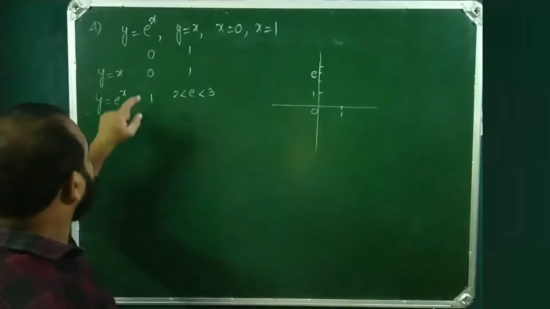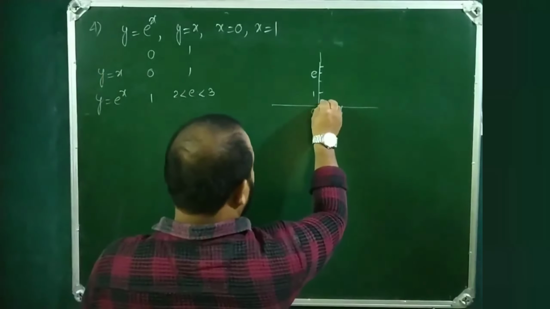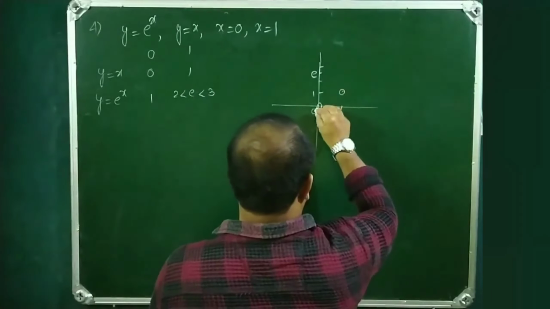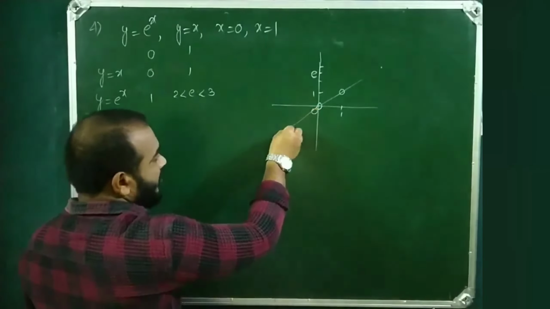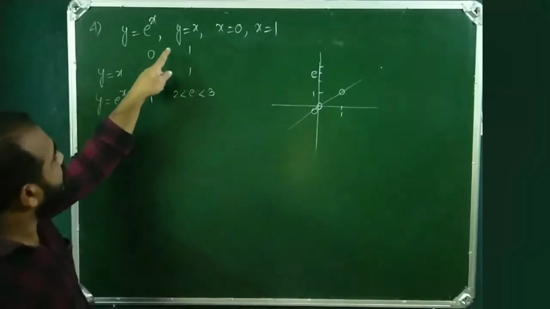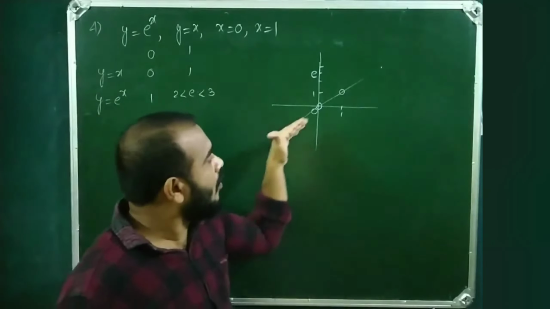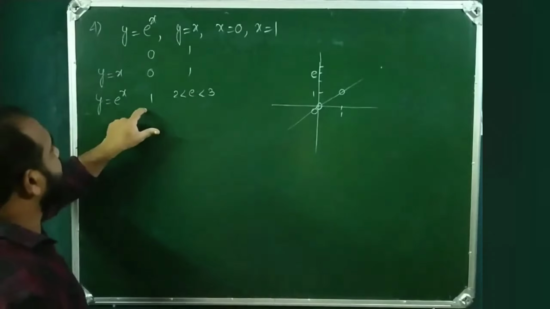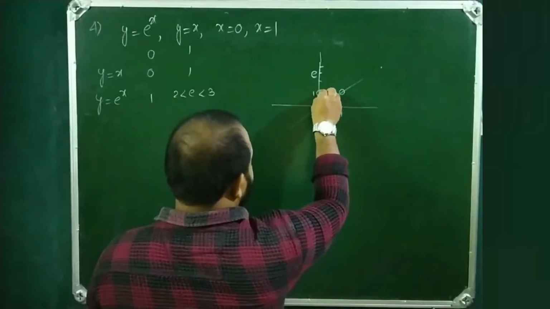Now, this is 0, 0. Y equals to x is 0, 0. Next, 1, 1. So this is a straight line. If you even extend it also. So what is this? Y is equals to x is the line which is passing through the origin and it's a straight line. And now let's come to this. 0, 1 is this.